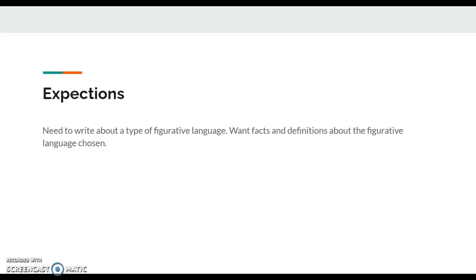Also, unless we run out of types of figurative language, which I'm sure we probably will, I'm going to try to keep one student in each class. I don't want to give a bunch of them the same figurative language type, so they'll all choose different kinds of figurative language. All right.